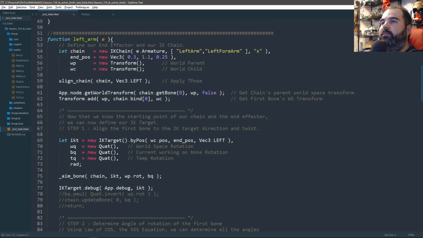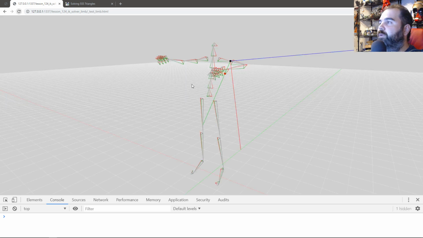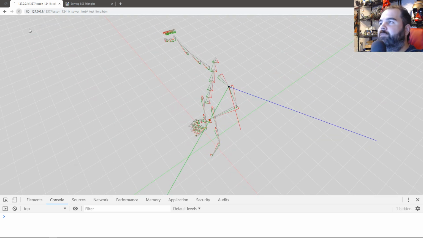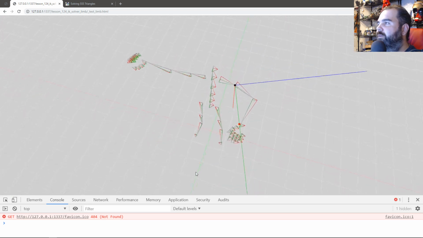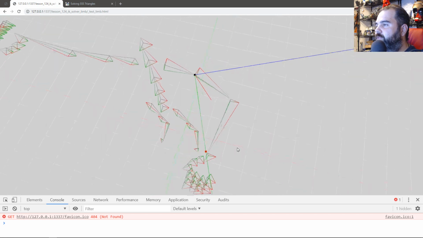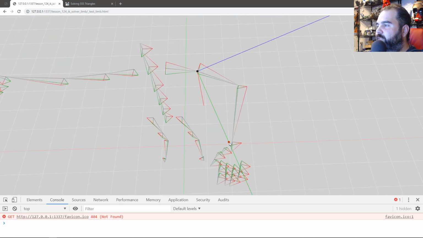Now, if I take away the T-pose, that means the chain now only has the original bind pose for the two bones. Empty. Now you can see that it's a little off. It's not perfect, but it's very close.